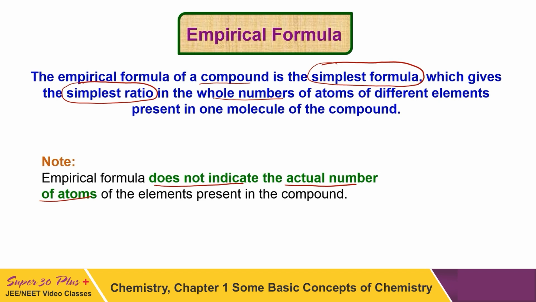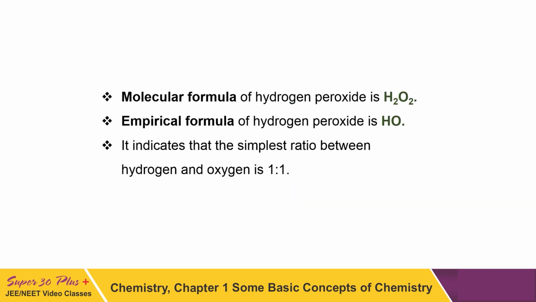Now I will give you some examples to explain what the empirical formula is. In this example, you know what this compound is? H2O2. You all must know it is hydrogen peroxide. This is the real formula, the actual formula of hydrogen peroxide, H2O2. This is the molecular formula. The actual ratio or the actual formula is the molecular formula.